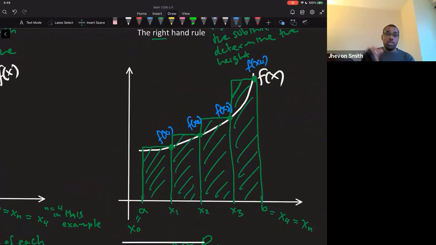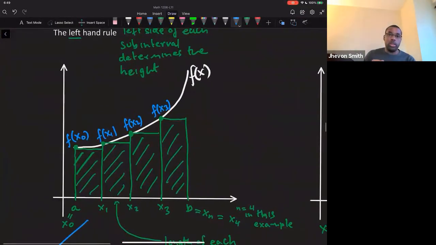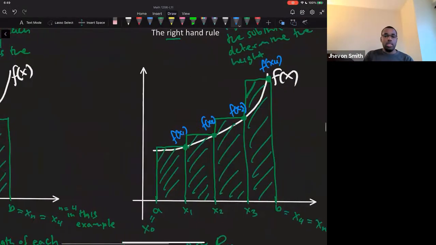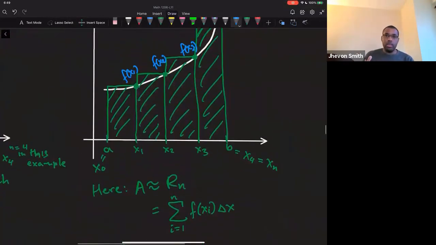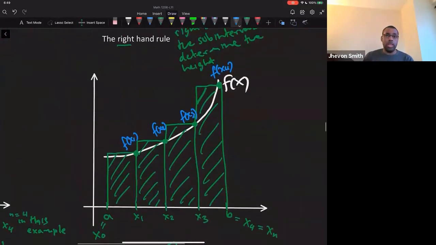So notice that this goes from 1 to 4, where the other one went from 0 to 3. The first one starts from 0 and goes up to 1 less than n. The second one starts from 1 and goes up to n. Right? So that's why this is the formula here. And that will give you an approximation for the area.